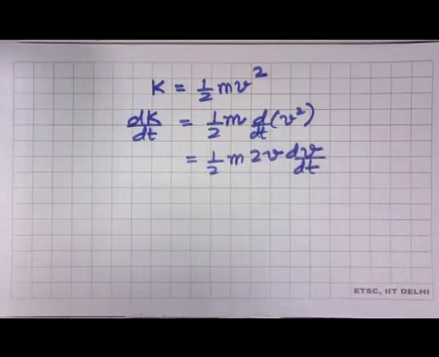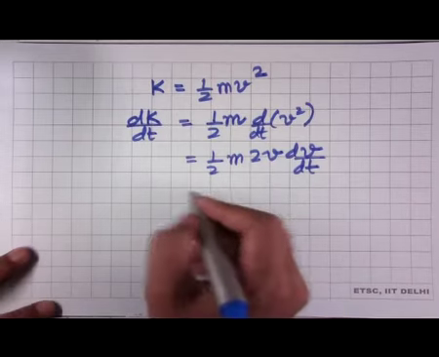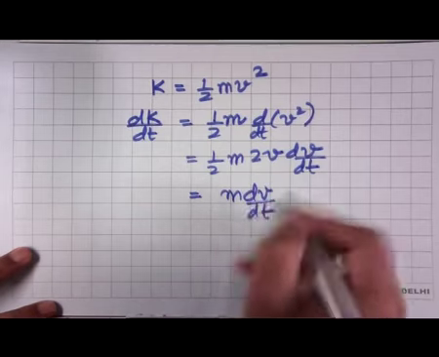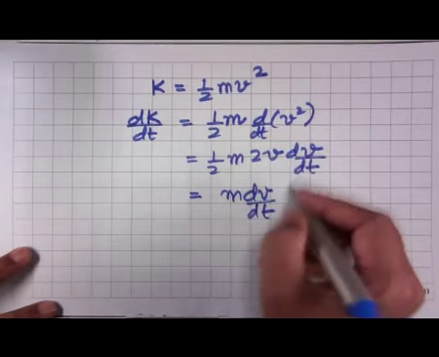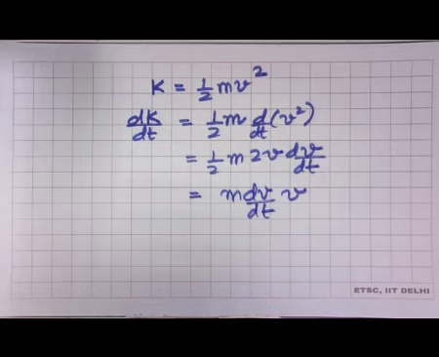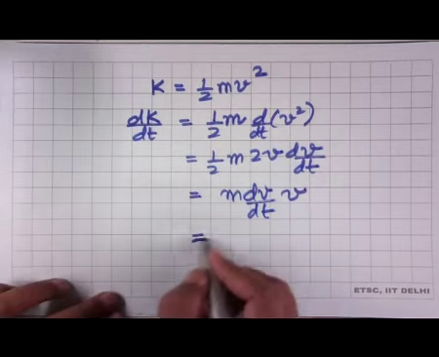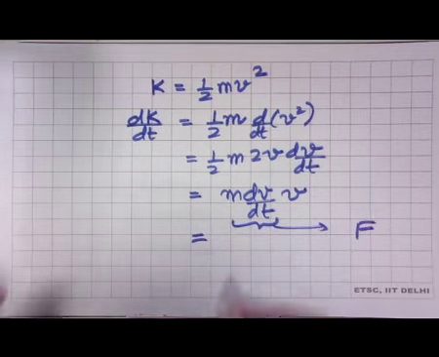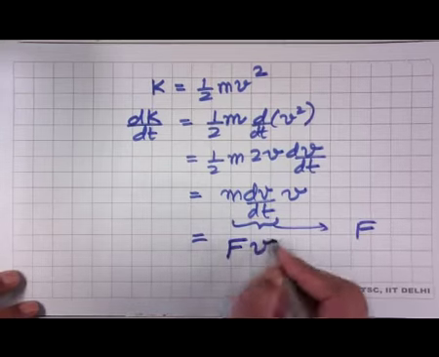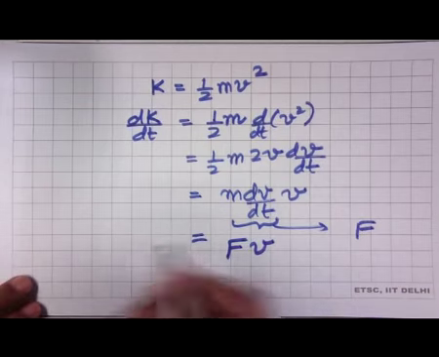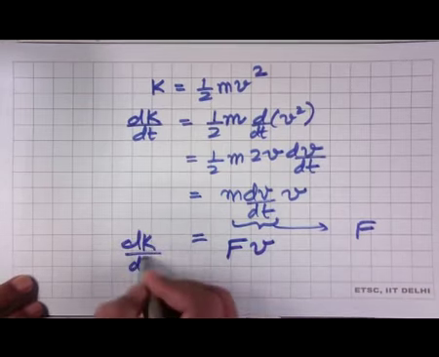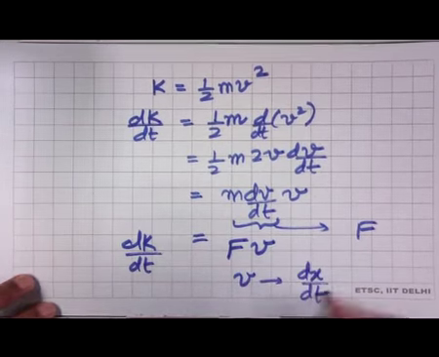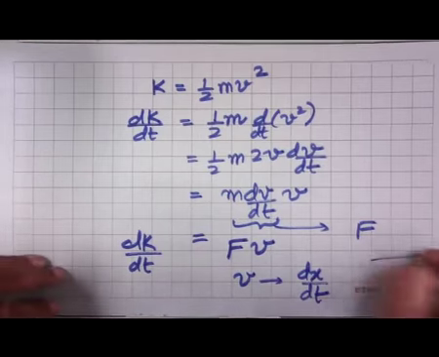Note here v is the speed, and so we can write this as m times dv by dt times v, and this m times dv by dt is nothing but the force acting on the body. So, this will be equal to F times v, and this is equal to dK by dt, and v we can write as dx by dt, where x is the direction of motion.